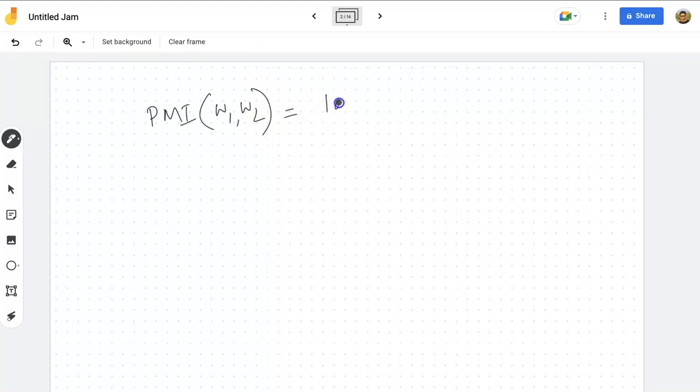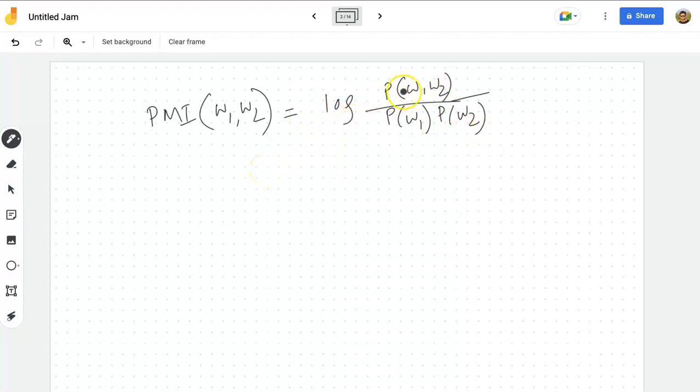If I remember the formula, it is log of probability of W1, W2 divided by probability of W1 times probability of W2. I'm not sure, but I think this is the formula.